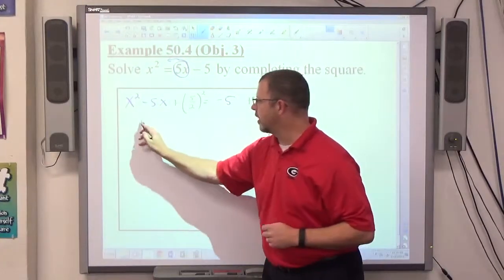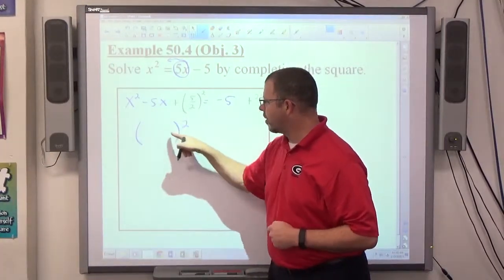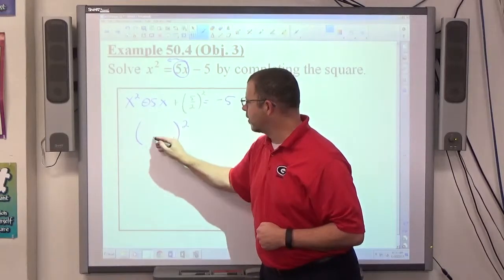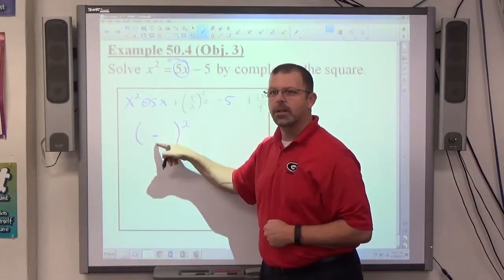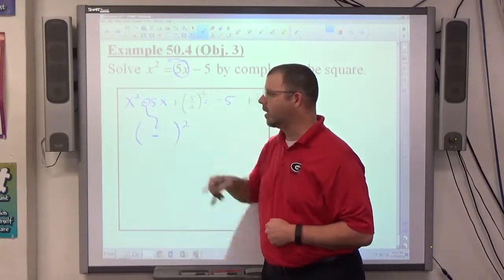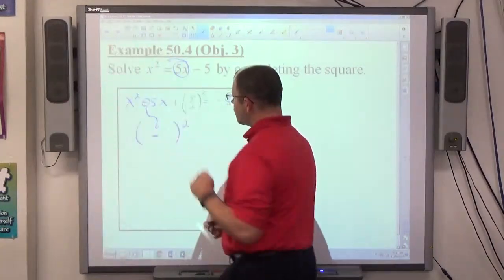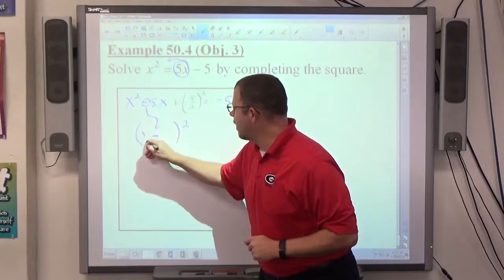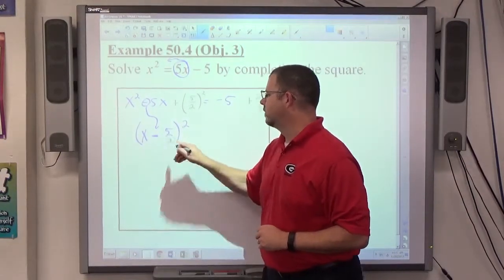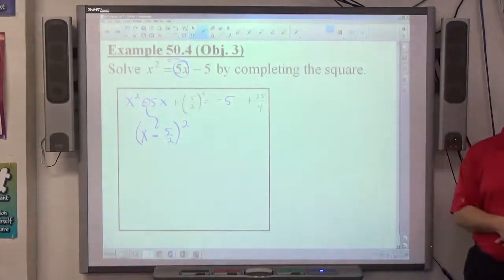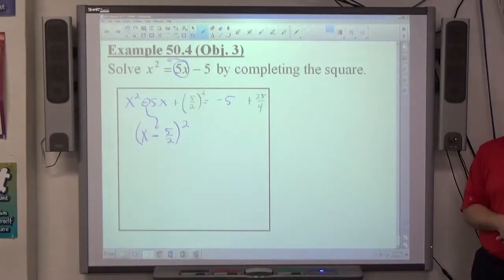Over here all I'm going to do is take a square root. In a perfect square, the sign of the middle term goes here, Braden, that's where the sign matters. It's a minus, so it's a minus. But as far as this is concerned, it's always plus. What goes here is the square root of 5/2 squared, which is just 5/2.